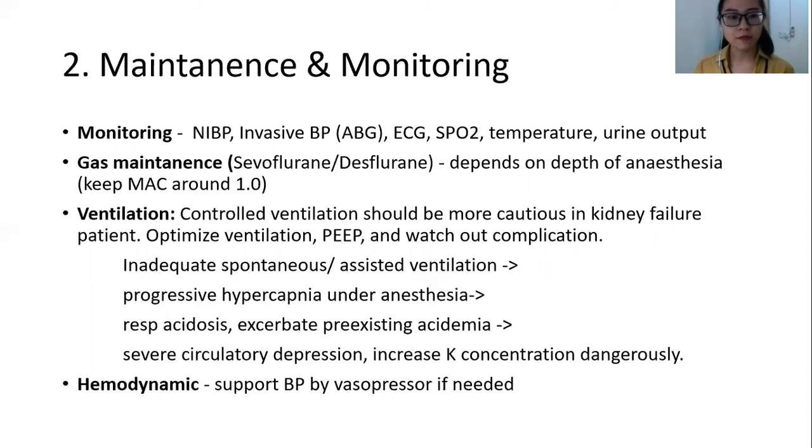This is because inadequate ventilation can cause progressive hypercapnia under anesthesia, which can further lead to respiratory acidosis and exacerbate the pre-existing acidemia, resulting in severe circulatory depression. And it can also increase the potassium to a dangerous level, which could lead to arrhythmia. Therefore, hemodynamic status and monitoring with ECG is very important in this part.